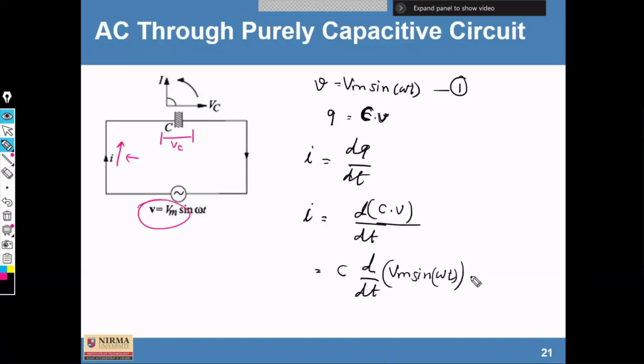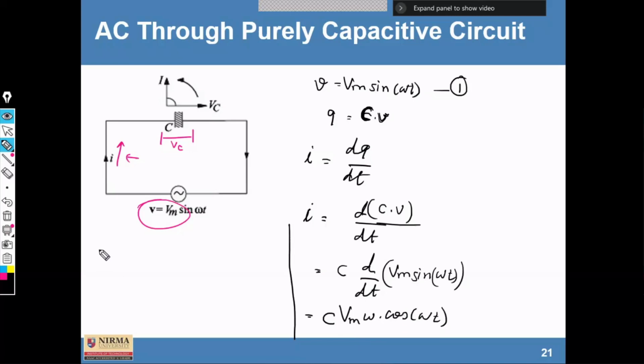If we solve this, Vm is also a constant. Now the derivative of sin omega t is omega into cos omega t. Correct?